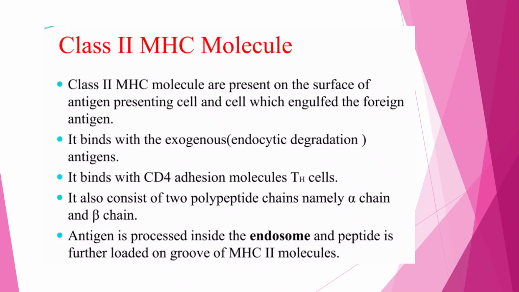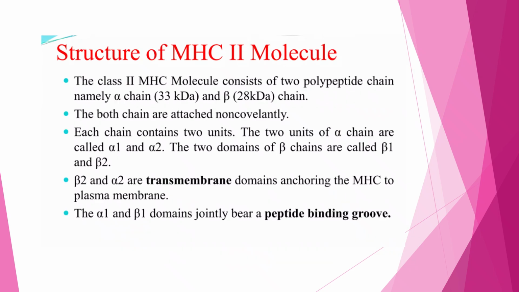Next is class 2 MHC molecules. Class 2 MHC molecules are also present on different types of antigen presenting cells, and they will bind with the CD4 adhesion molecules of T helper cells. So these class 2 MHC molecules always recognize or present the antigen towards T helper cells. It also consists of two polypeptide chains, namely alpha chain and beta chain.